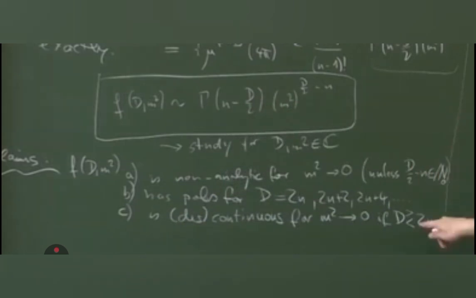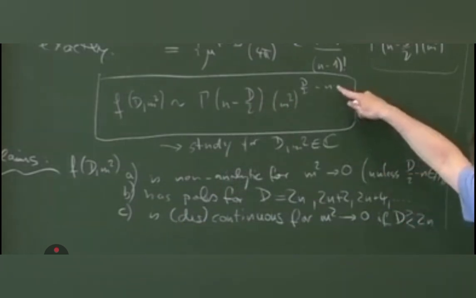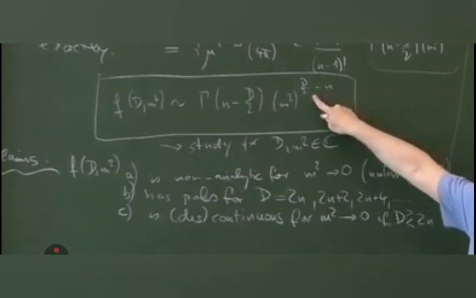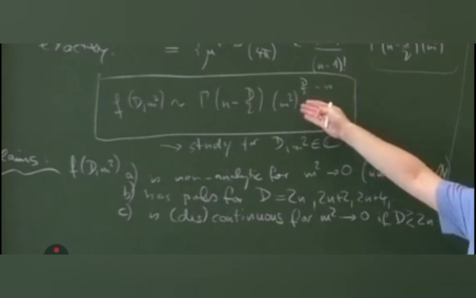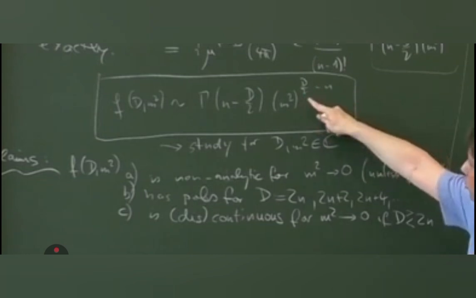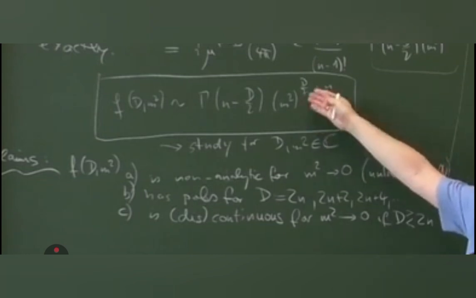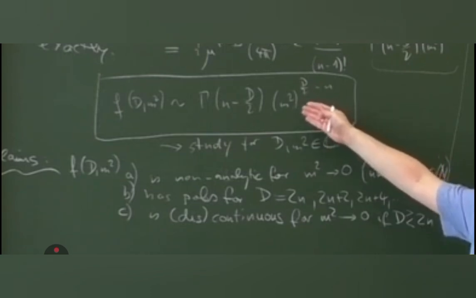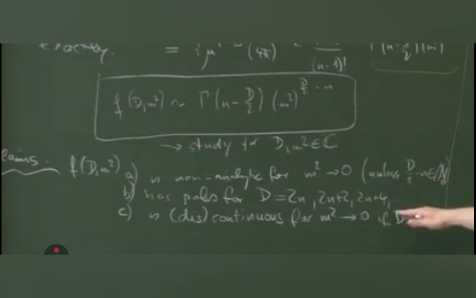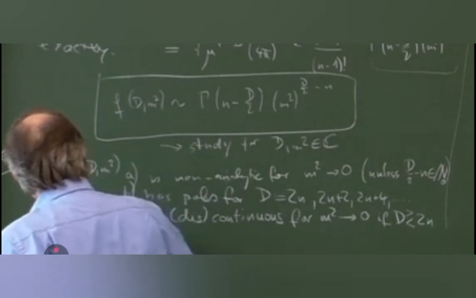So if d is bigger than 2n, then the exponent is positive, and if m square goes to 0, then the function goes to 0 continuously. If, however, the exponent is negative, then it behaves like 1 over m square basically, and the function goes to infinity if m square goes to 0. So this explains immediately this statement.